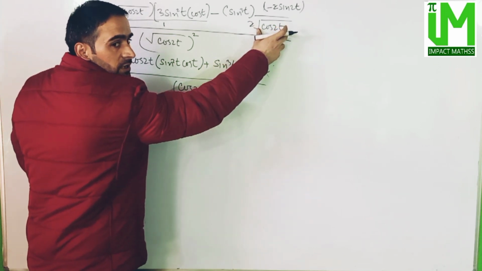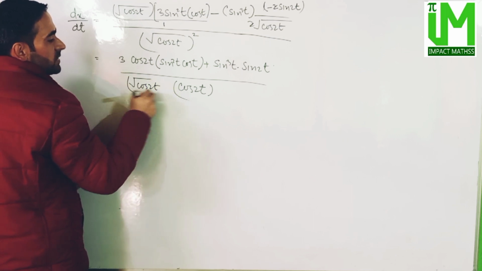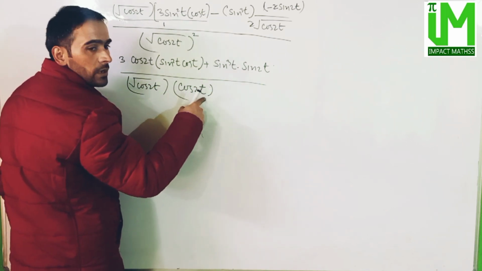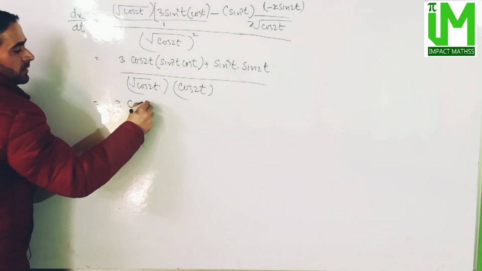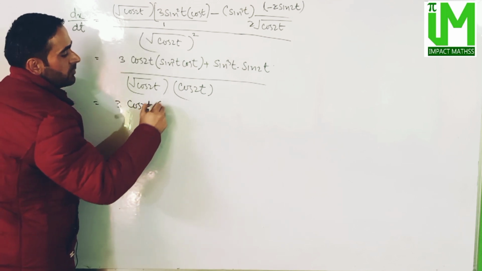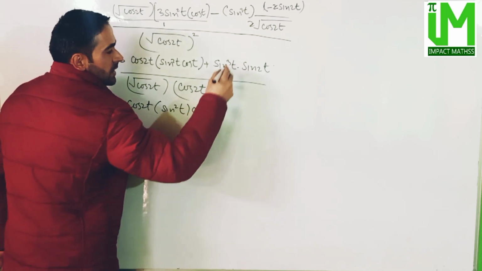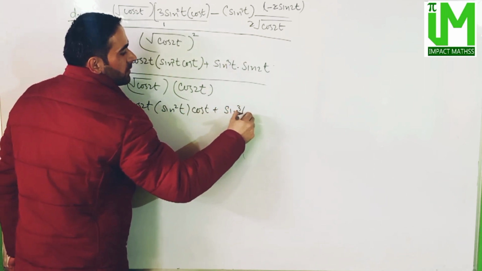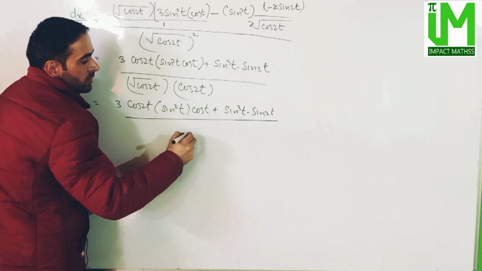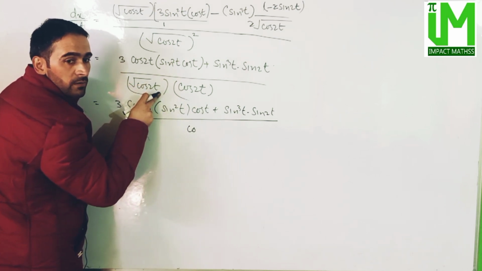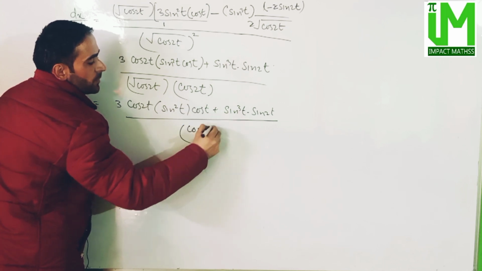So it will be under root of cos of 2t. ठीक है, reciprocal, it will be cos of 2t. समझ आया वहाँ? So this will be 3 times cos of 2t, and then we will have sin square t cos t plus sin cube t into sin 2t divided by cos 2t raised to power 1 by 2, this is 1, so this will be cos of 2t raised to power 3 by 2.